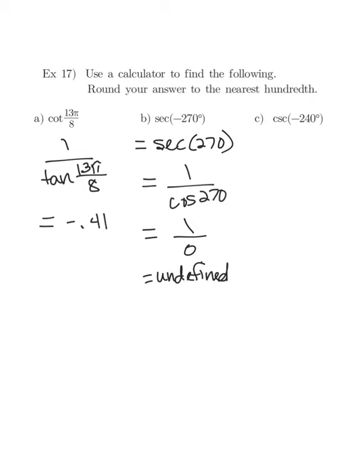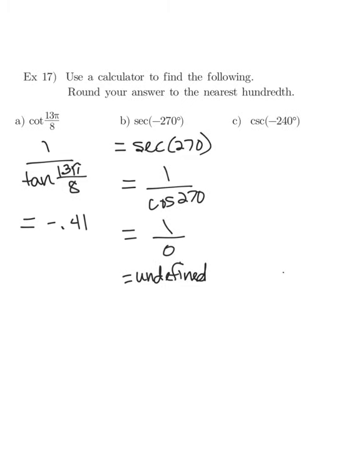On part C, we want to do the cosecant of negative 240. First, we are going to use the idea that we know that cosecant is odd, so we would have to rewrite this as negative cosecant of 240 degrees.